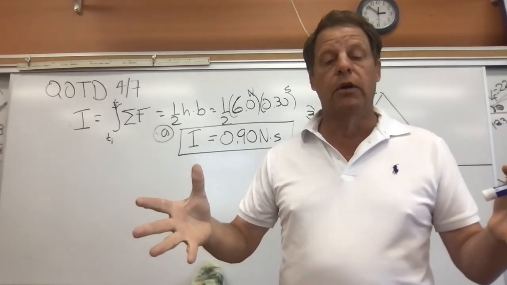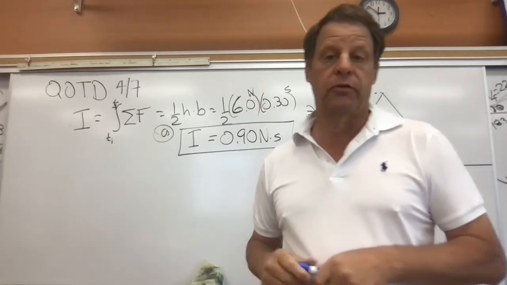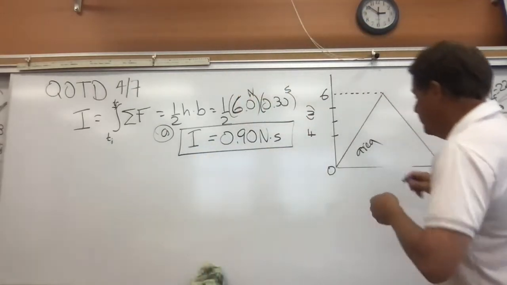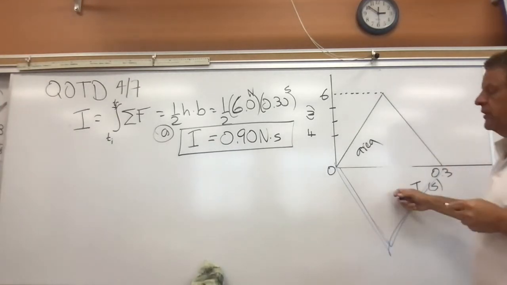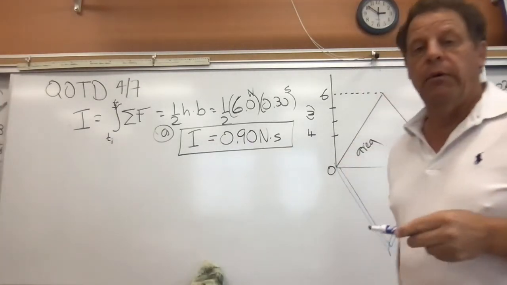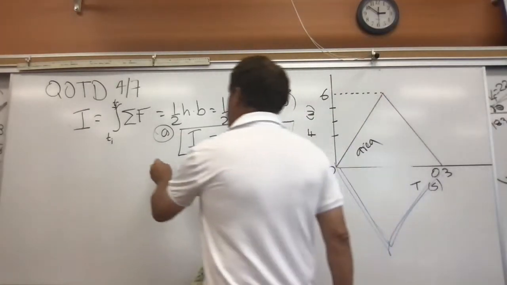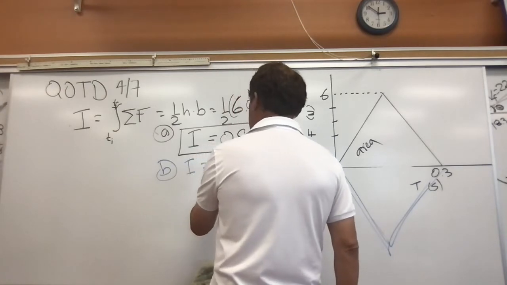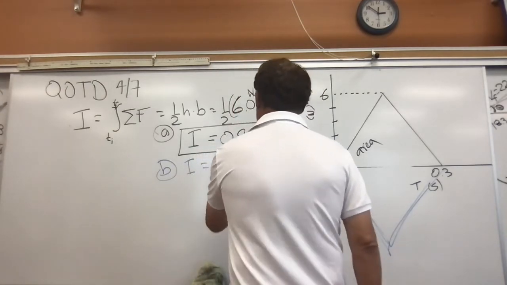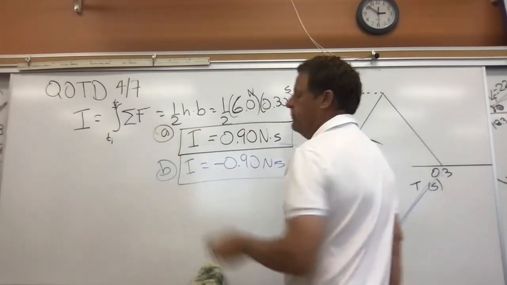So we have equal and opposite forces. So for B, we would have an impulse that would be negative 0.90 Newton seconds. All right, so pretty easy.